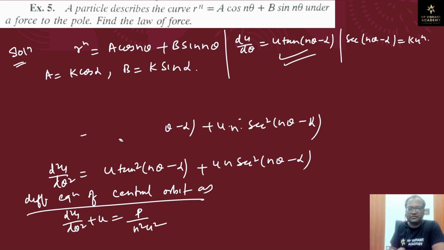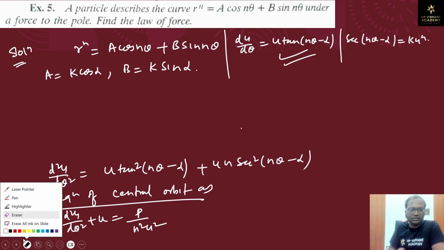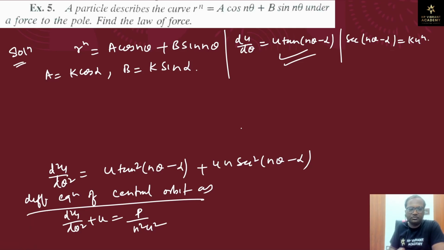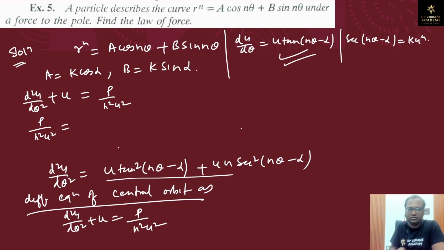Let us further simplify this. So p upon h square u square is equal to u tan square (n theta minus alpha) plus u n sec square (n theta minus alpha) plus u.